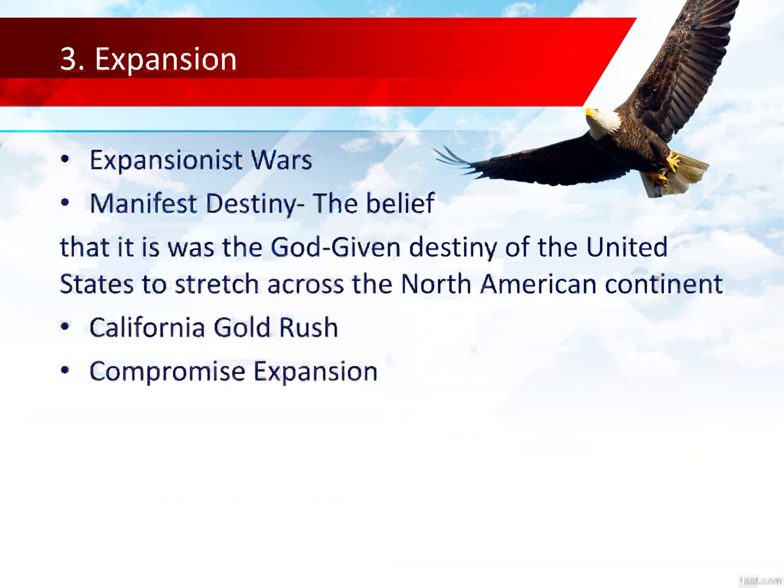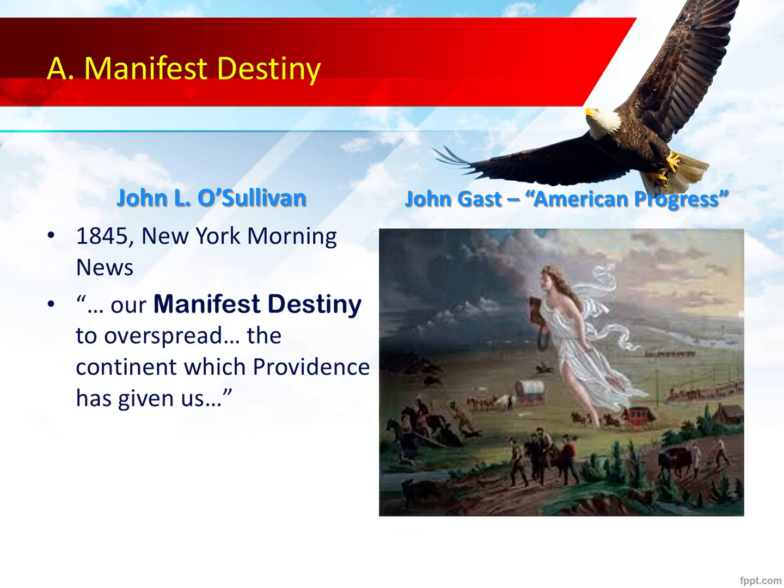And this is all tied into this belief that God had called the American people to dominate and conquer the North American continent from the Atlantic Ocean to the Pacific Ocean. And this belief that Americans held, right, wrong, or indifferent, Americans believed in this. This was called manifest destiny. So let's look at each of those 4 things individually.